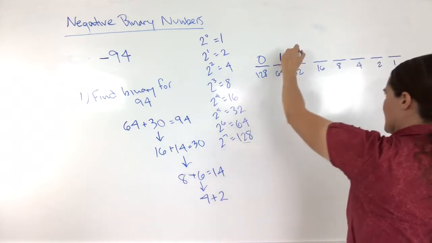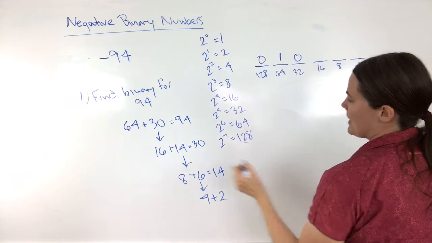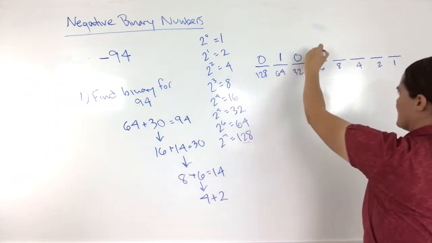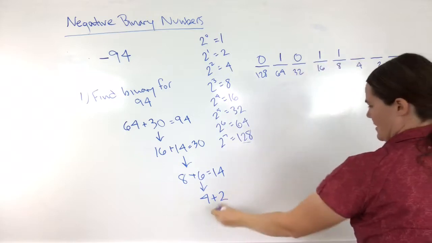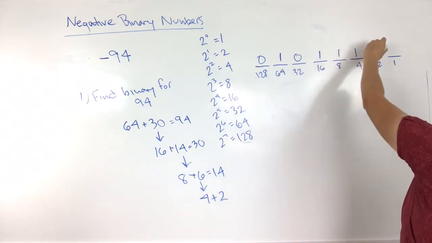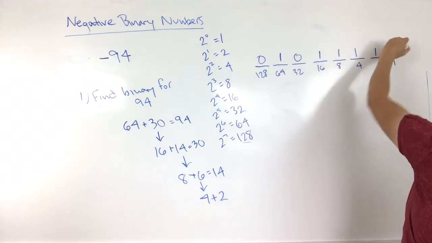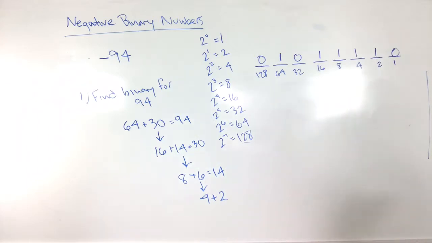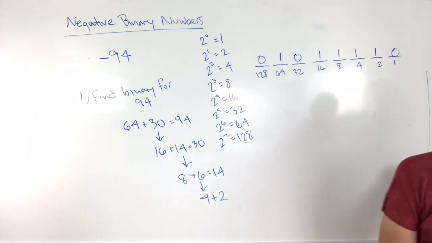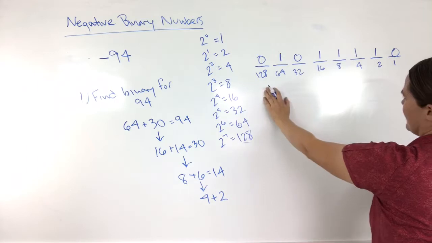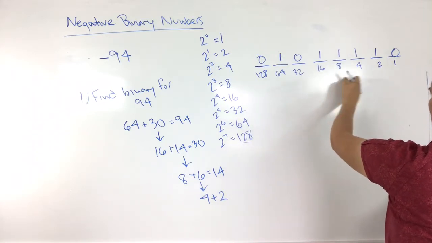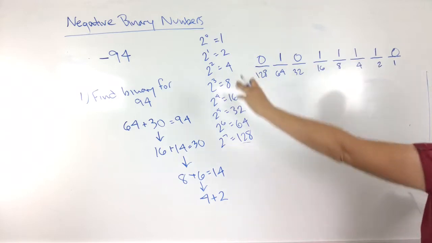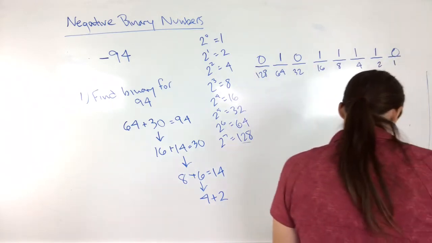We don't have a 32, so this is 0. We have a 16, so this is 1. We have an 8, so this is 1. We have a 4, and we have a 2, and we don't have a 1, so that's 0. And so you can go through and verify this if you add up 64 plus 16 plus 8 plus 4 plus 2, it should equal 94.